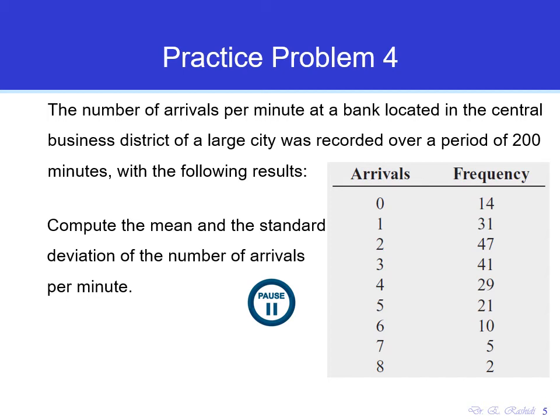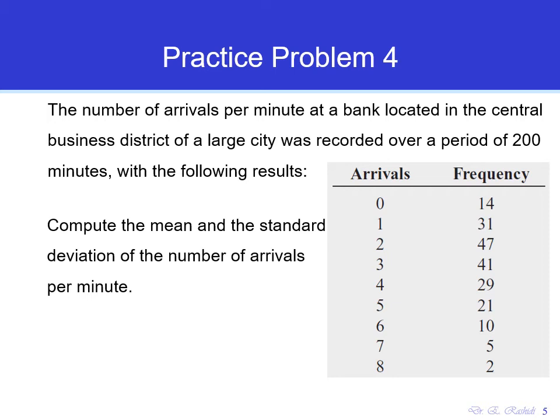Right, let's see the solution. The first thing that we need to do is to have the probability distribution of this data. And right now we have the frequency. This means that the frequency of having 0 arrivals was 14 out of 200 minutes.